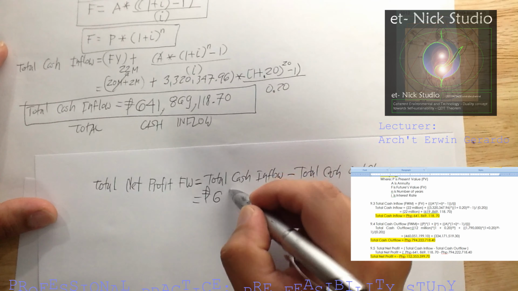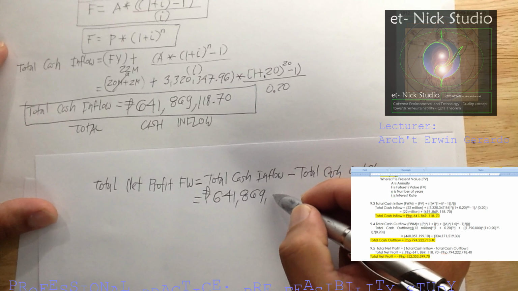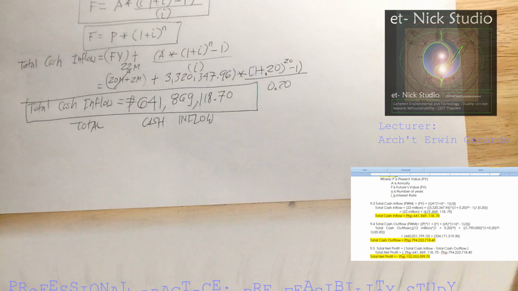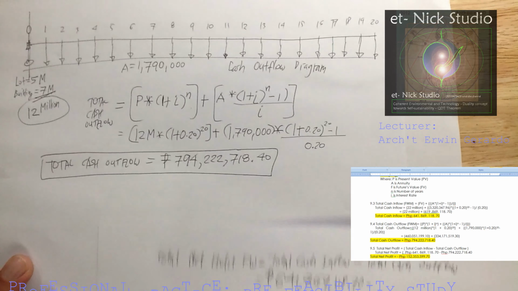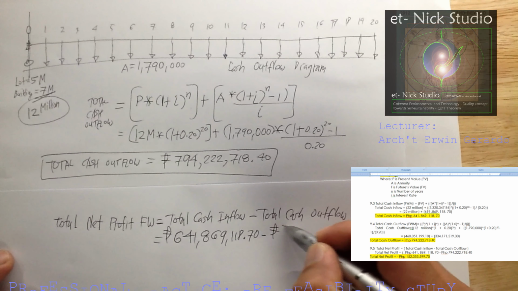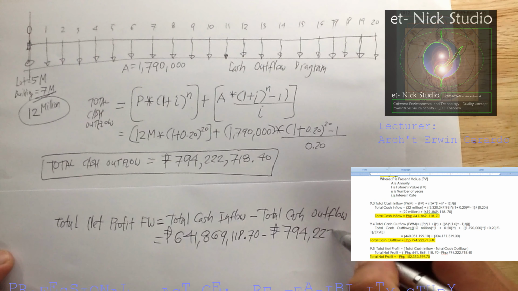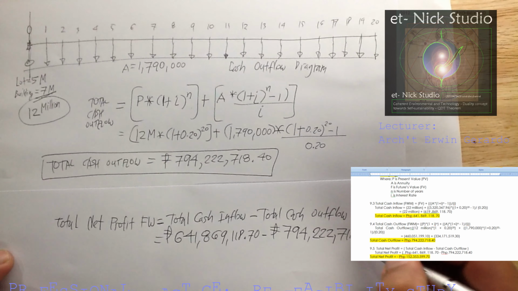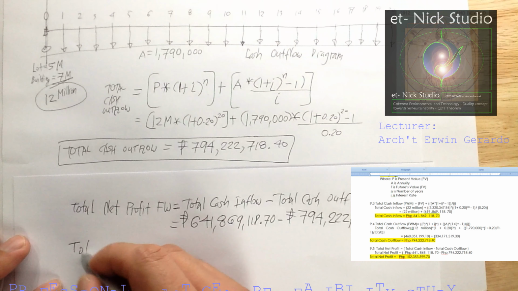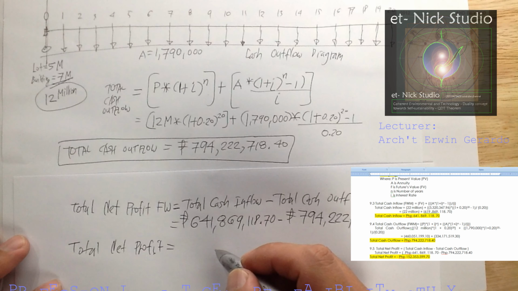The total cash inflow is 641 million 869,118.70 pesos, less the total cash outflow, which is 794 million 222,718.40 pesos.